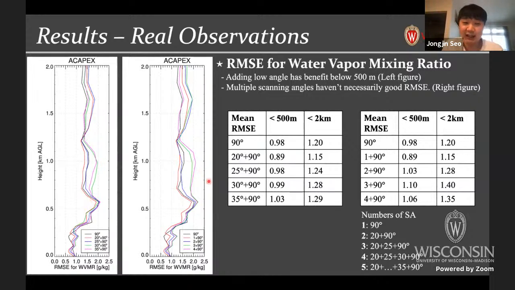And also at the multiple scanning angles, these haven't necessarily got good RMSE. So we can see that multiple scanning angles have worse RMSE than single zenith.